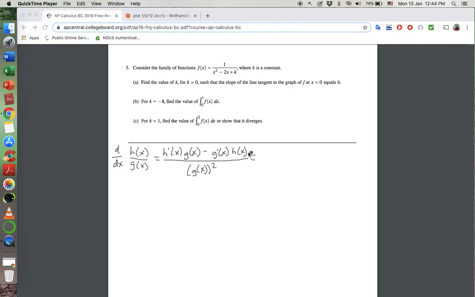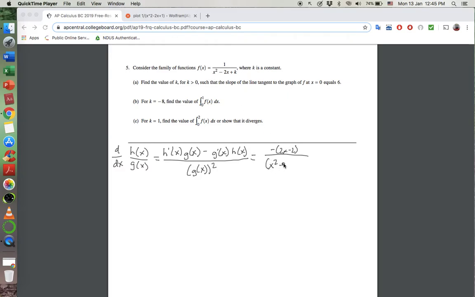So this is equal to, taking the derivative of the numerator, we get 0. 0 times anything is 0, so you can skip that part, and then we're going to go straight to the derivative of the denominator. Using the power rule, we'll take this 2 down before the x, get rid of k, get rid of this x. We've got negative 2x minus 2 up top, and then on the bottom we've just got the denominator squared.